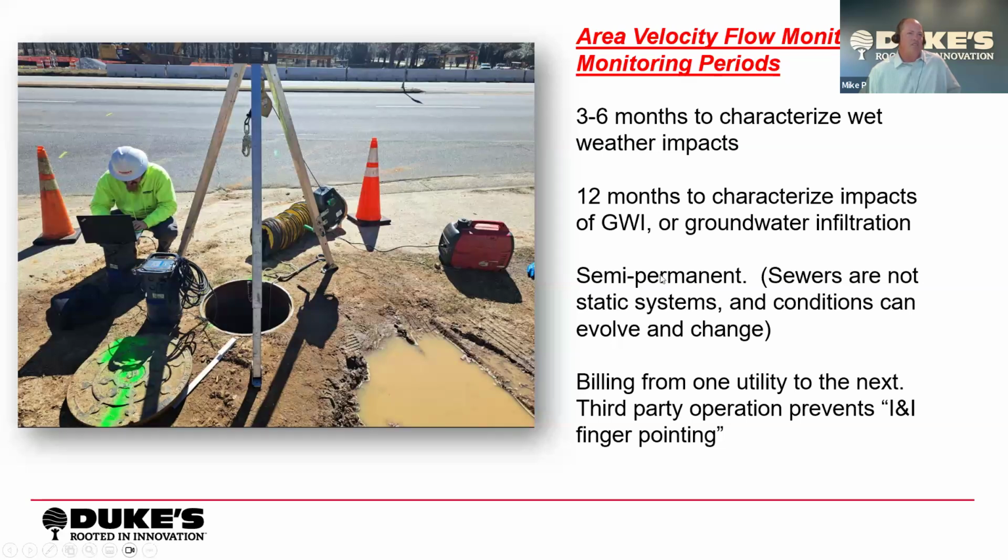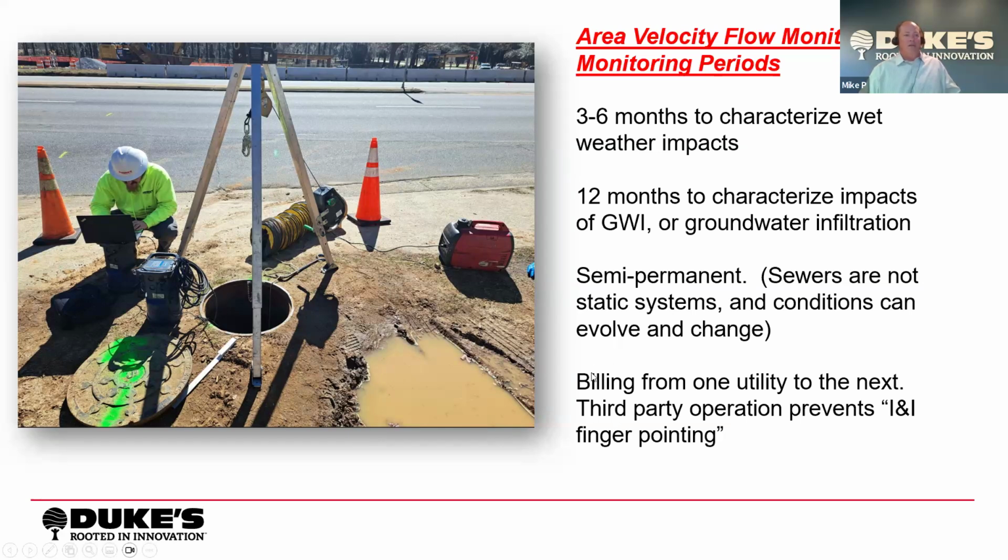And then what I'm calling semi-permanent, in parentheses here: sewers, as we all know, are not a static system. There are ever-changing conditions, and so forth. There certainly are a lot of 2, 3, 4, 5 year service contracts where the equipment stays in one spot for many years.